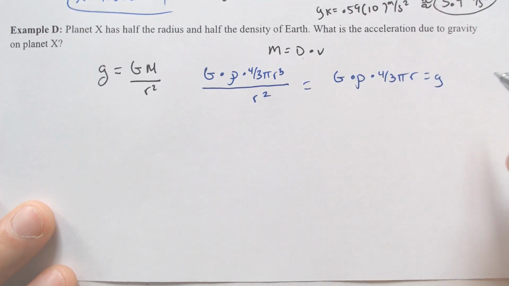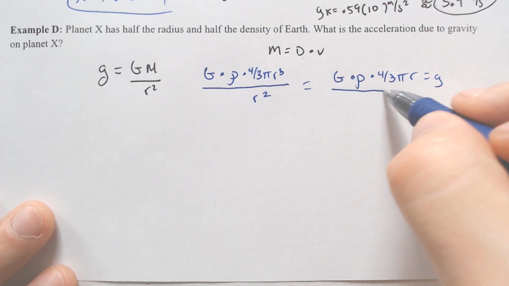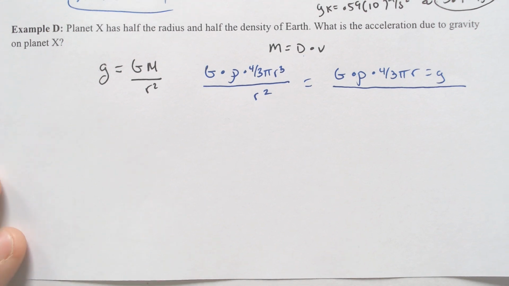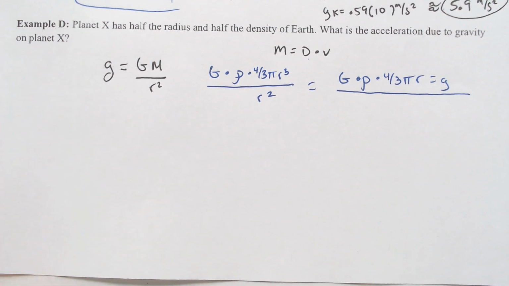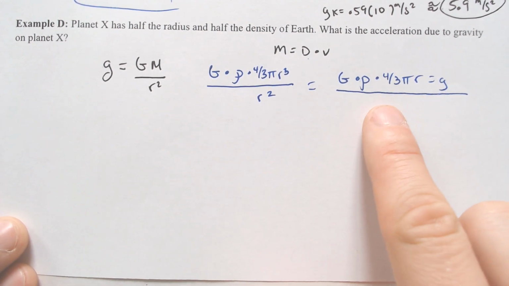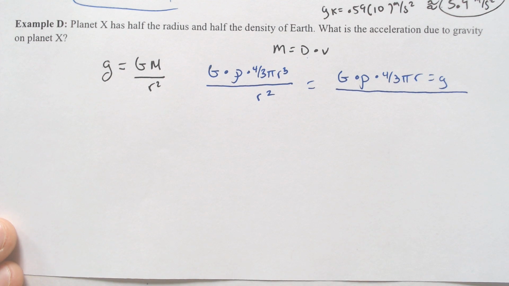And that would equal the gravity, essentially like the G formula in terms of density. Okay, we didn't actually deal with the 1/2 part and the 1/2 part. We haven't set up the proportion. We just figured out the gravity formula in terms of density rather than in terms of mass.